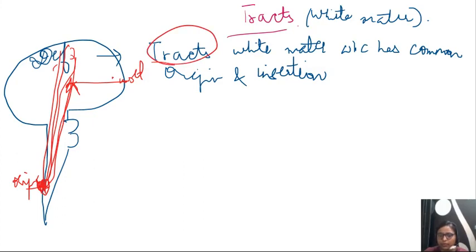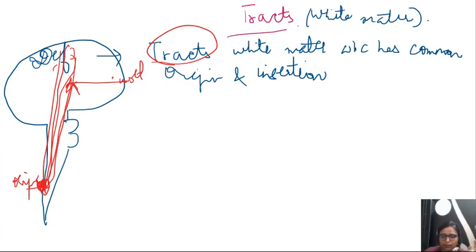Any doubts? Okay, I have one question. See, these are the white matter bundles, or axonal bundles you can say, which are running vertically in the brain and the spinal cord and have the common origin and insertion. Write it down. It is a very important definition of the tracts. So what are tracts?